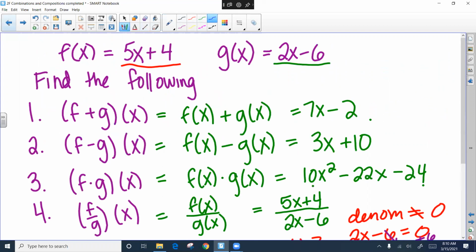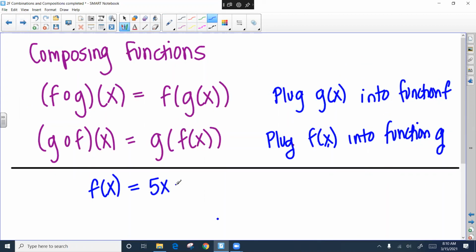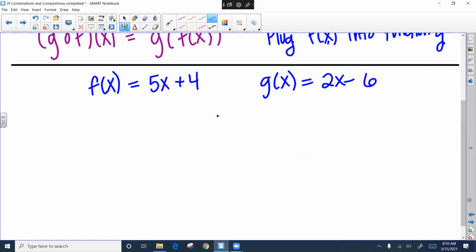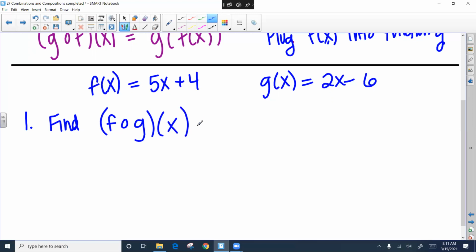I think we have 5x plus 4 and 2x minus 6. Okay, so first I want you to find f of g of x. Okay, so go ahead and take a minute and try that one on your desk.